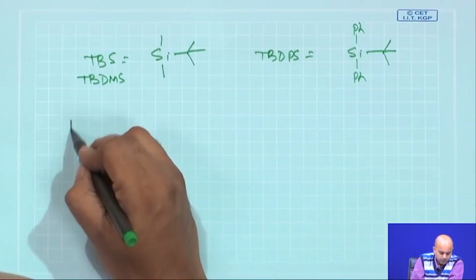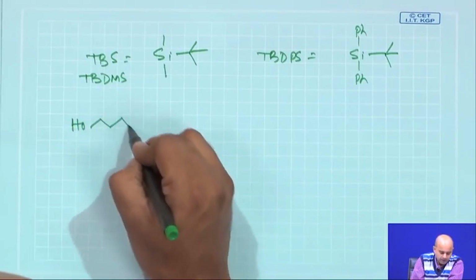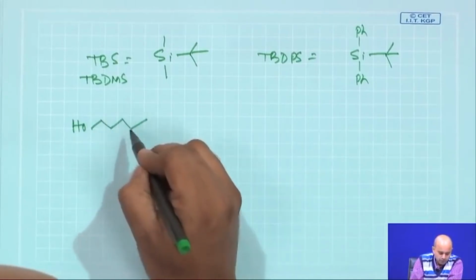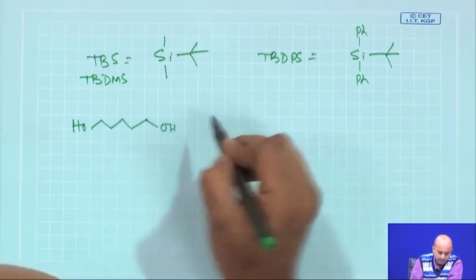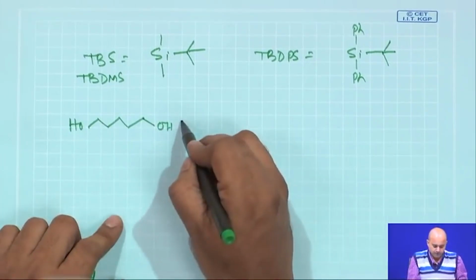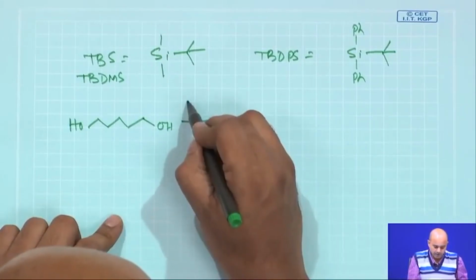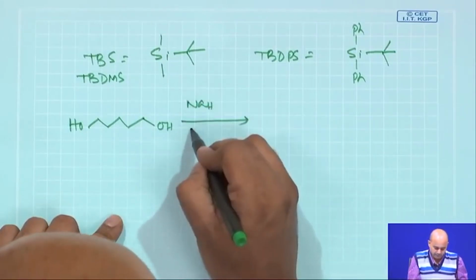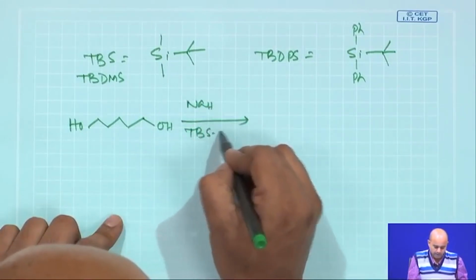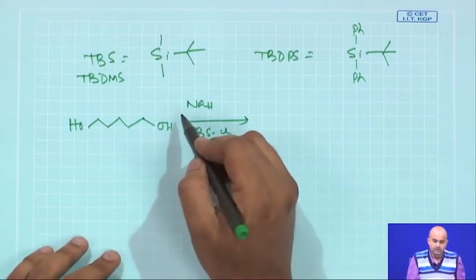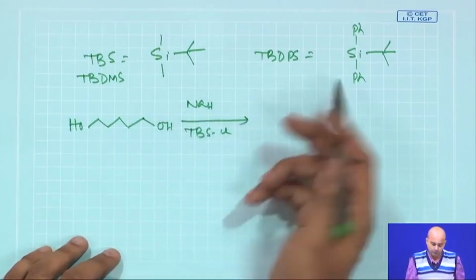So, now you start with your 1,5 pentane diol, 1, 2, 3, 4, 5. First do the McDougall protection, sodium hydride, TBS chloride. You can even do the same reaction if you use imidazole and TBS chloride, that is also fine.